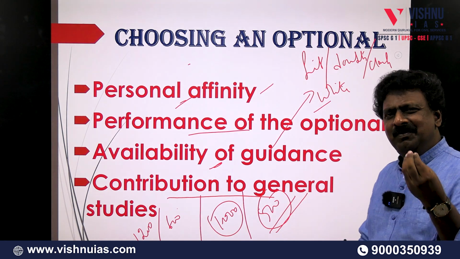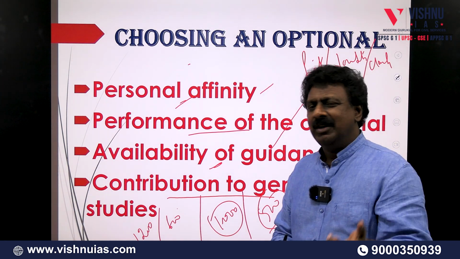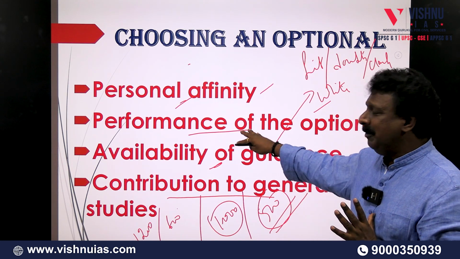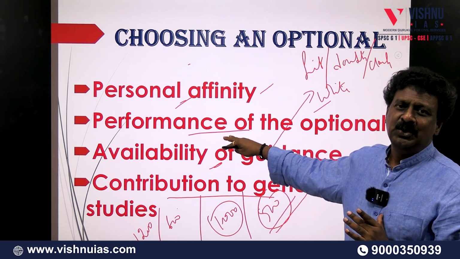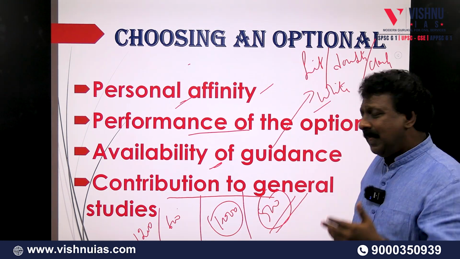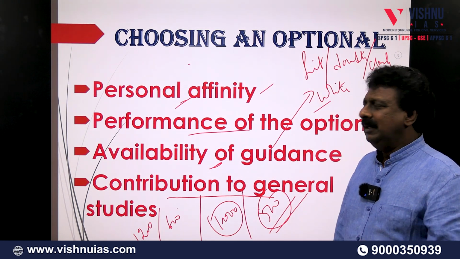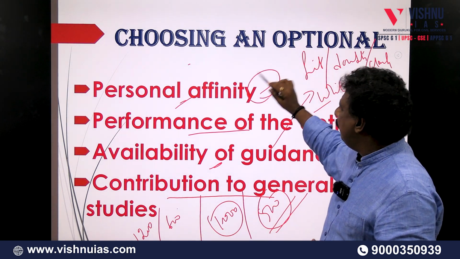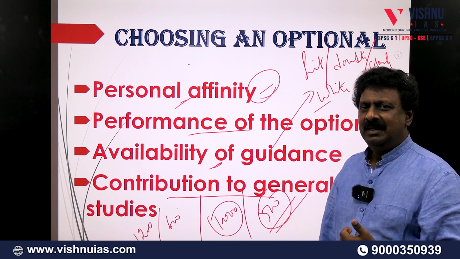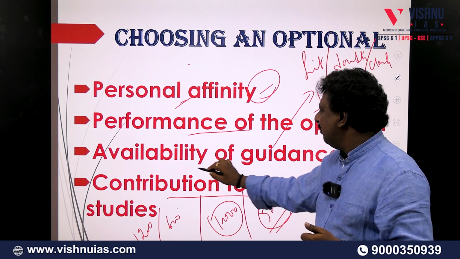And secondly, also do some work on how the option is performing in the civil services examination. Now, this cannot be a dead sure criteria, as you know. Okay, this can be one of the factors. That's all. Okay, if you ask me to order, I'd give this a more important ordering compared to this. Okay, and thirdly, availability of guidance and mentorship.